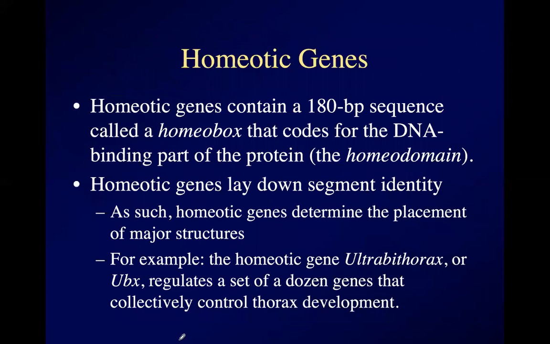Right. The homeotic genes get switched on by gap and segmentation genes. Homeotic genes all contain a 180 base pair sequence called a homeobox. And the homeobox part of the gene codes for the DNA binding part of the protein called the homeodomain.